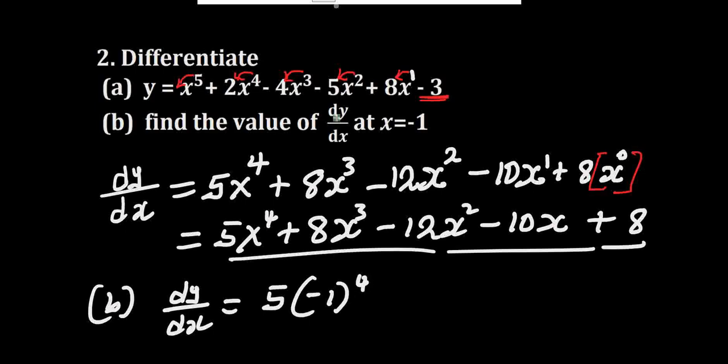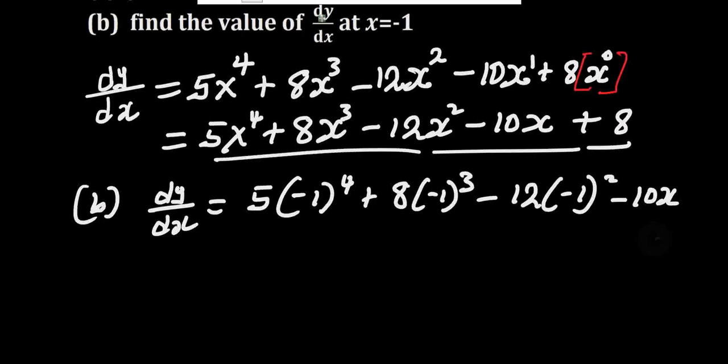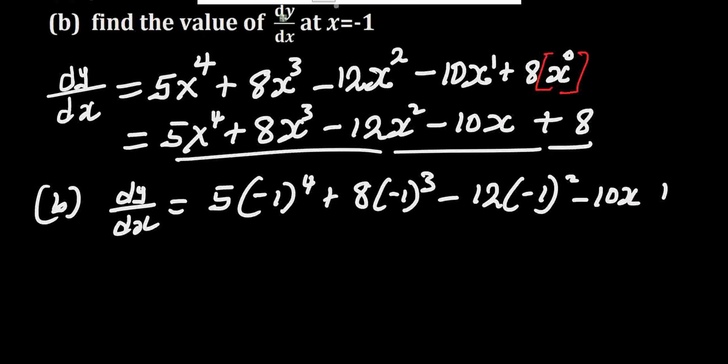So raise this to the power of 4, plus 8 times -1 to the power of 3, minus 12 times -1 squared, minus 10x, plus 8. Now -1 to the 4th power is 1, and 5 times 1 is 5, plus -1 to the 3rd power is -1 times 8, that gives us -8.